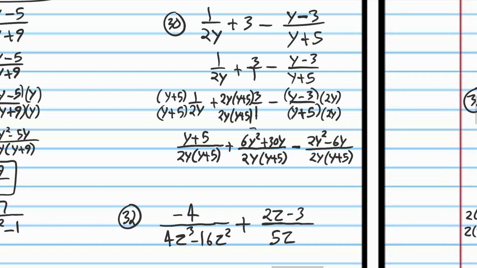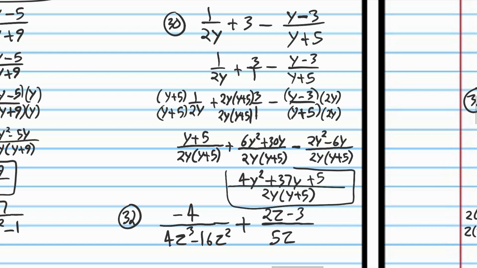So we have 6y squared minus 2y squared, which is 4y squared. Then y plus 30y is 31y, and then we add 6y, so we get 37y. And then we just have plus 5, and rewrite the denominator. So if you got that answer, good job.